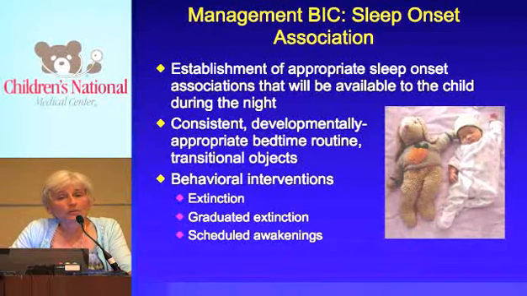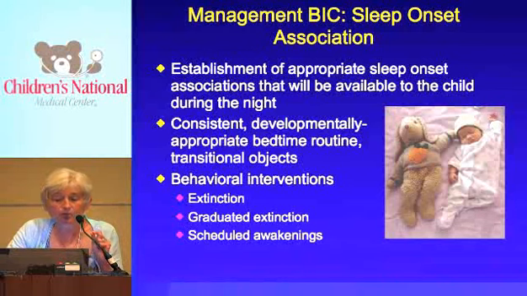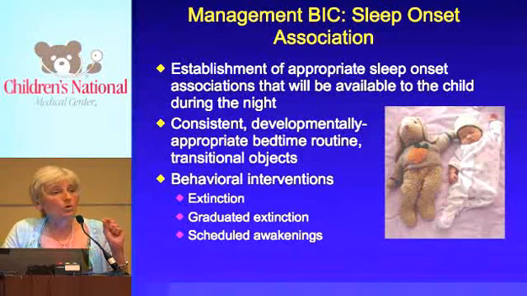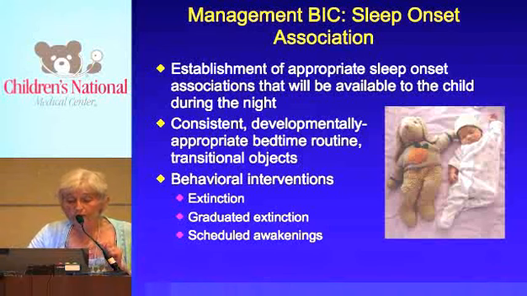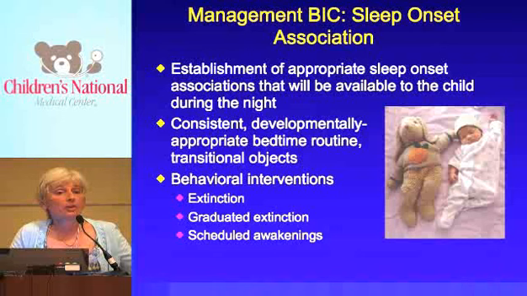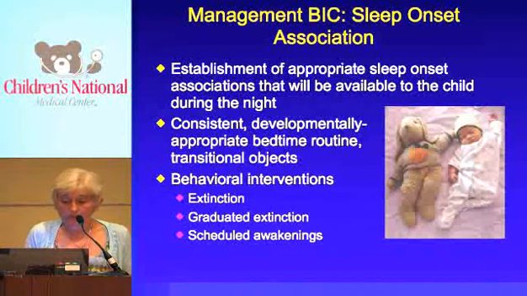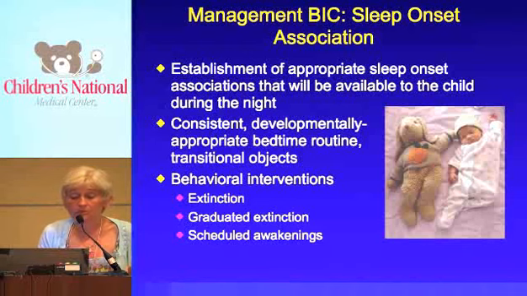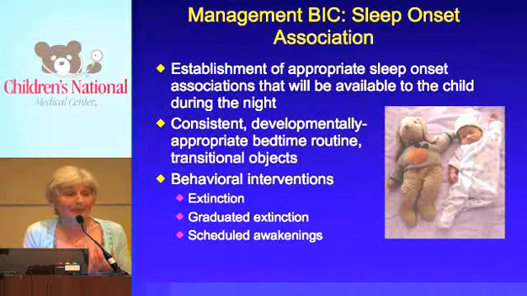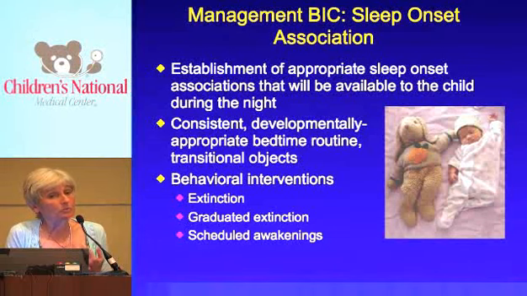So what is the basic approach? In terms of sleep onset association subtype, you want to establish appropriate sleep onset associations that are going to be readily available to the child during the night. Other interventions are to have a consistent, developmentally appropriate bedtime and bedtime routine.